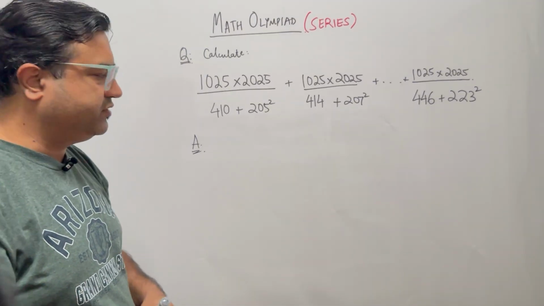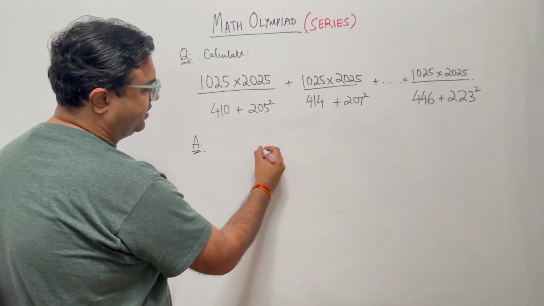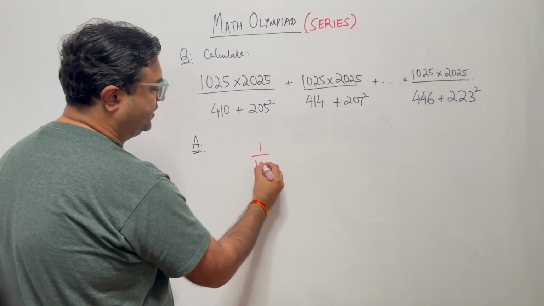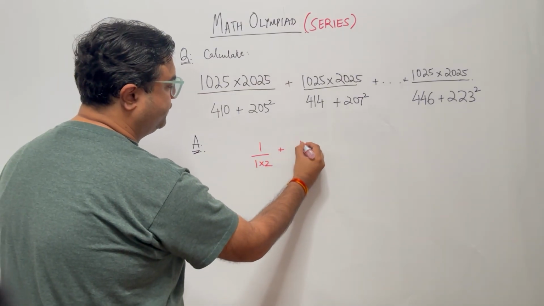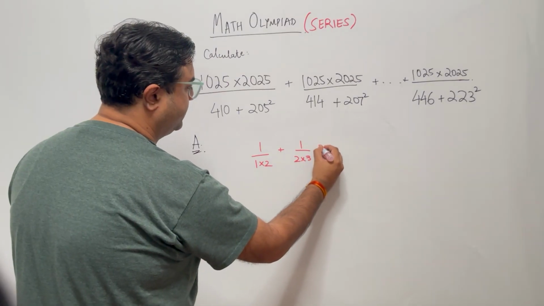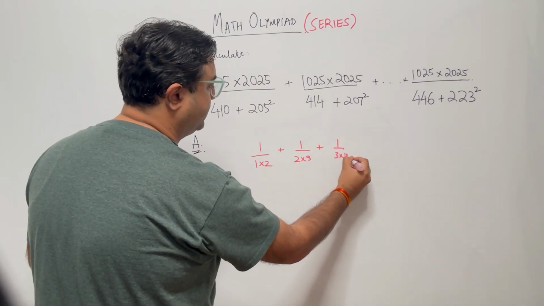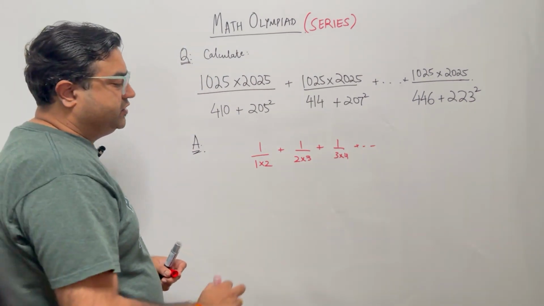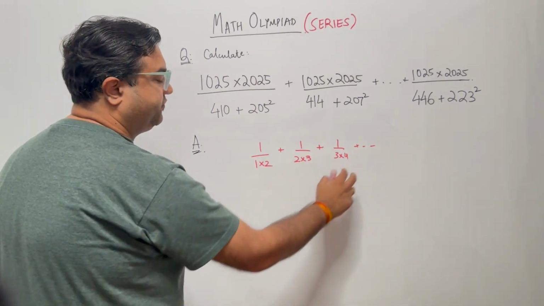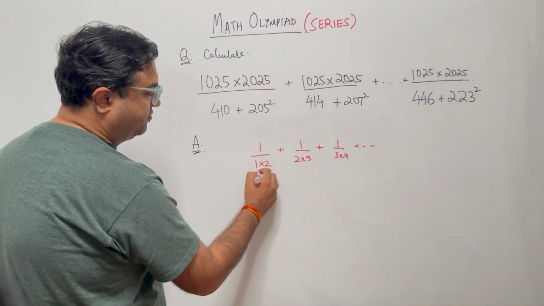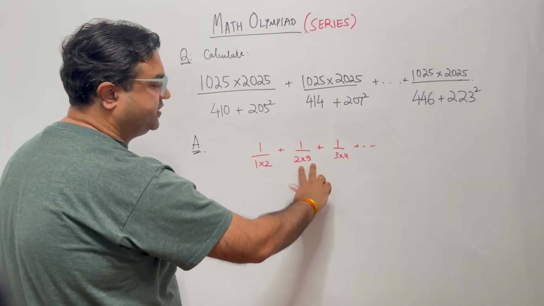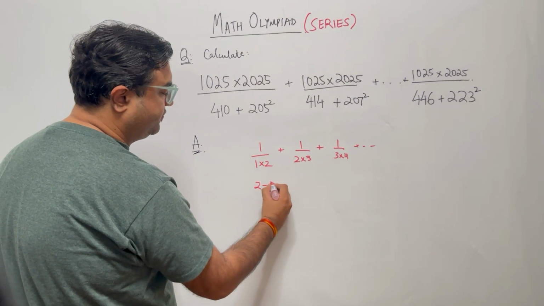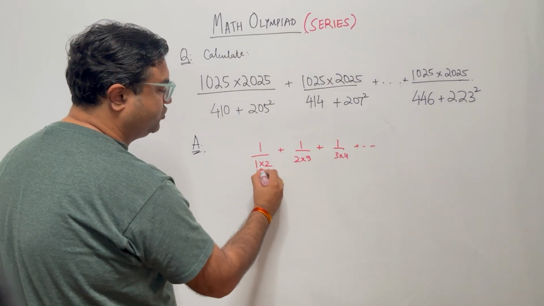So normally, let me give you an example. If a fraction is 1 over 1 into 2 plus 1 over 2 into 3 plus 1 over 3 into 4, how do we split these terms? We know that the difference here is 1, the difference here is 1, the difference here is 1. So instead of writing 1, we write 2 minus 1 based on the two terms on the bottom.